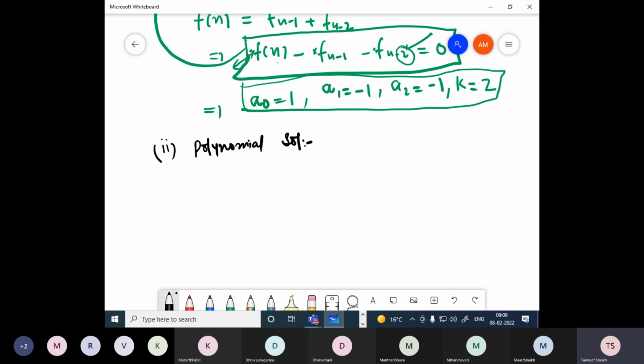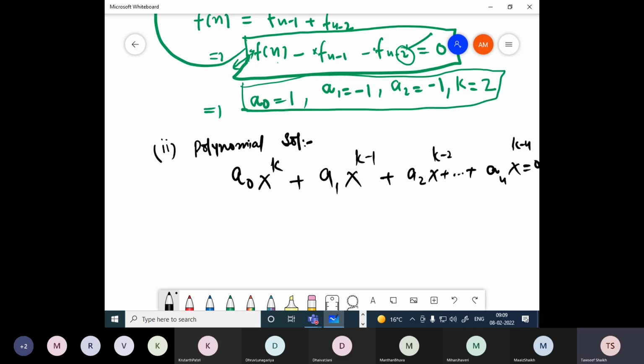And that polynomial is, I will write it here, A0 x power k plus A1 x power k minus 1 plus A2 x power k minus 2, and until we reach the point A_k x power k minus k, equal to 0.